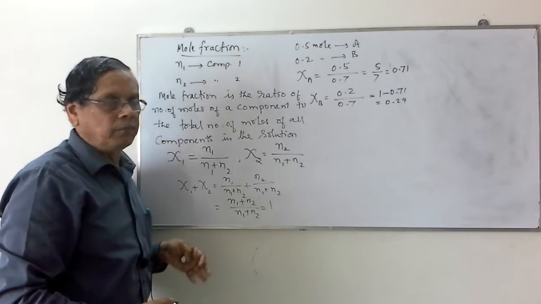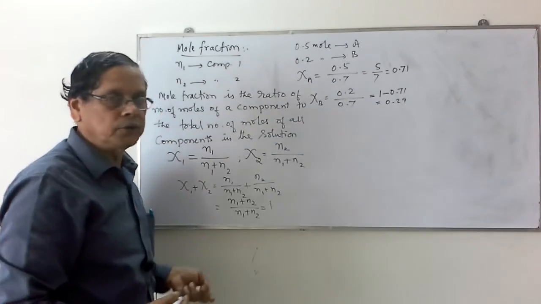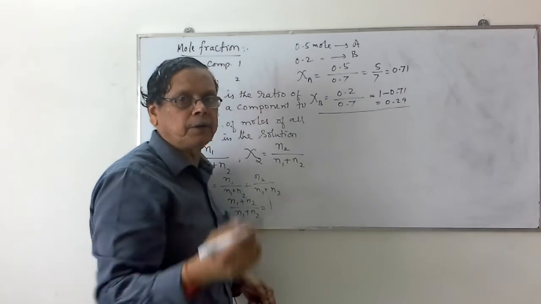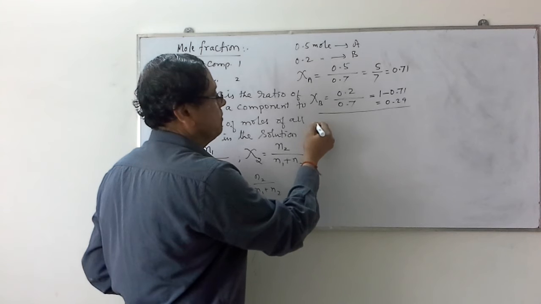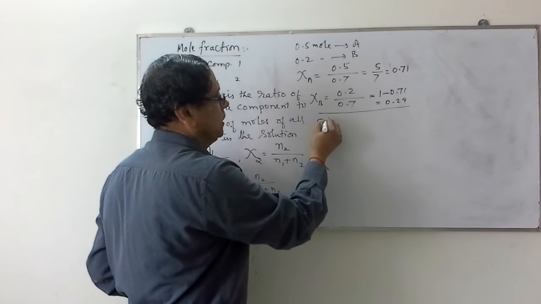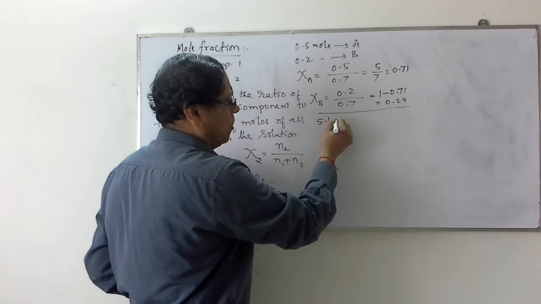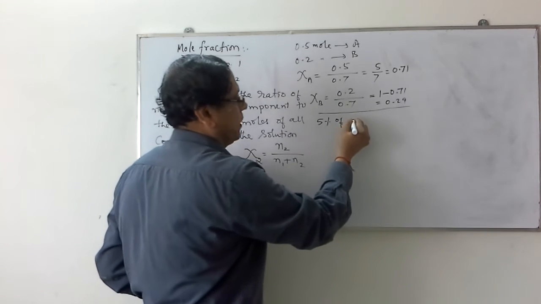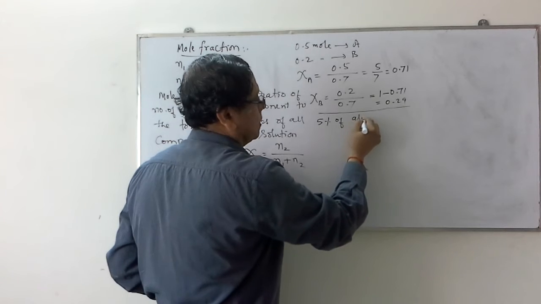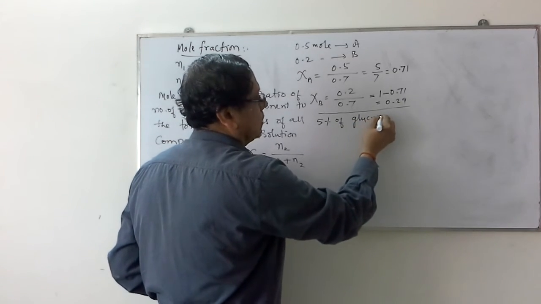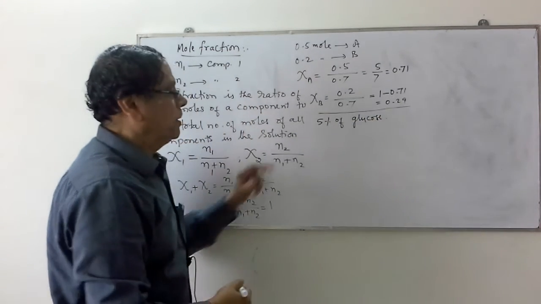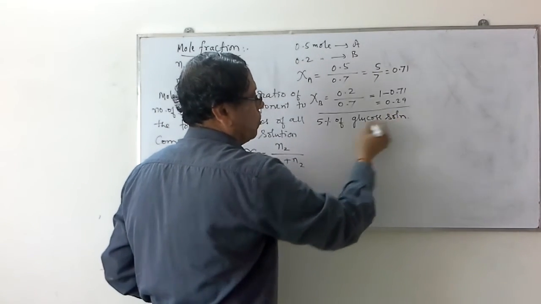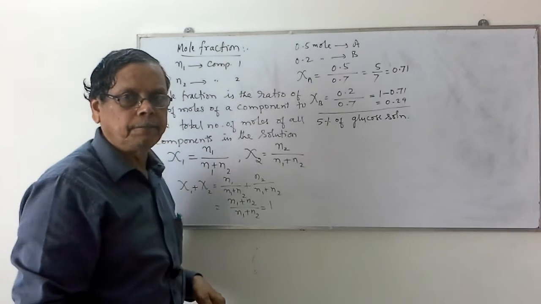Let us take one example. Mole fraction is usually used in the solutions chapter and various colligative property chapters. Suppose I give you a 5% glucose solution. Calculate the mole fraction of glucose and water.